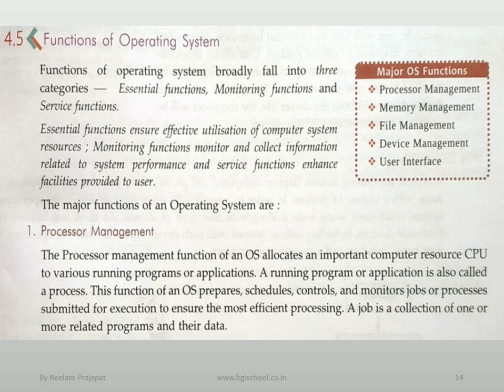If the programs are related, then one single task of that particular program is known as a job. So in a particular software there can be many jobs, and its data also, meaning its details.